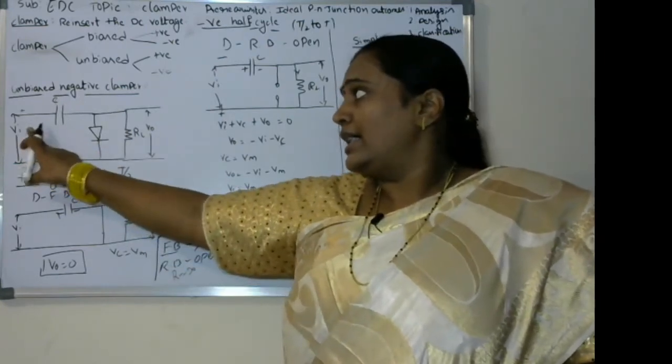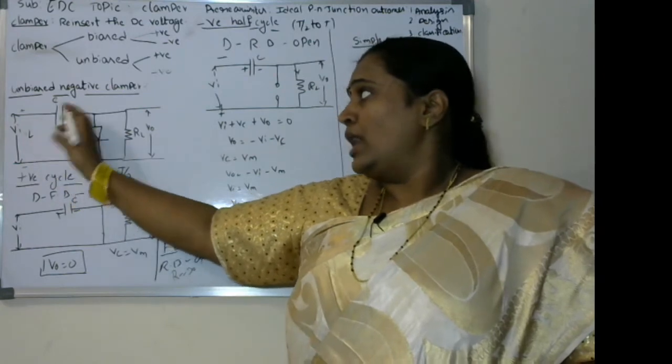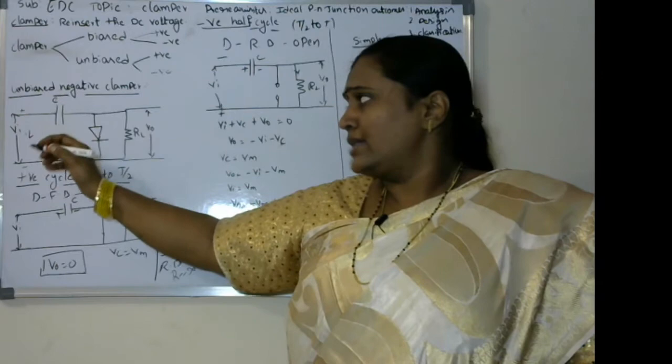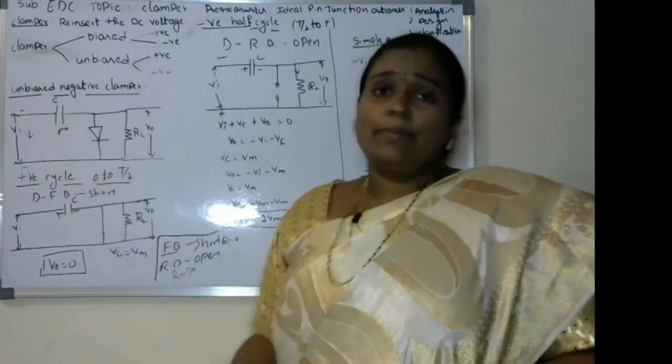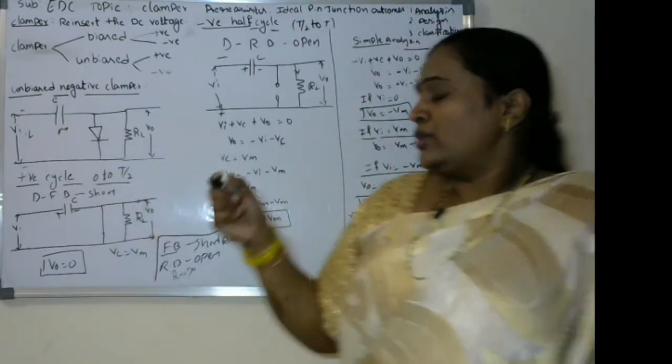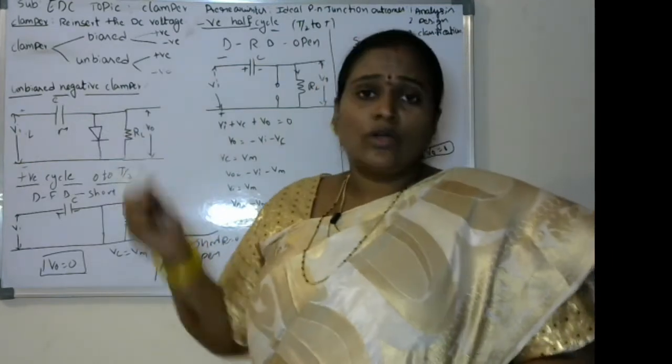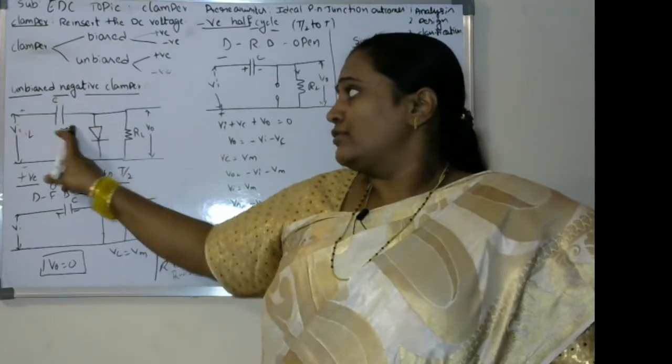Or else, if the input is low and the capacitor voltage is more, then the capacitor goes for discharging. We cannot say directly how much it discharges; it depends upon the time constants of R and C of the circuit.